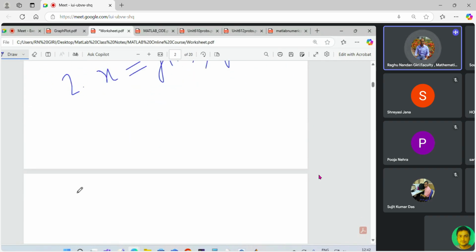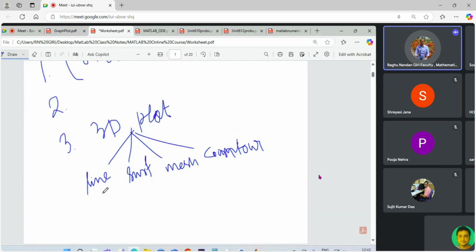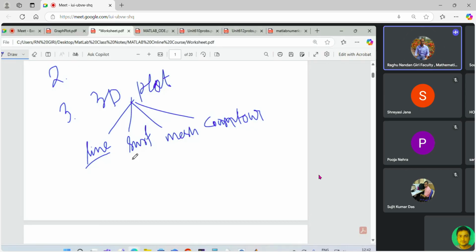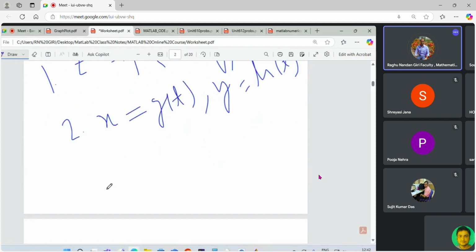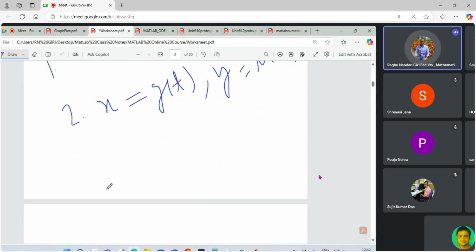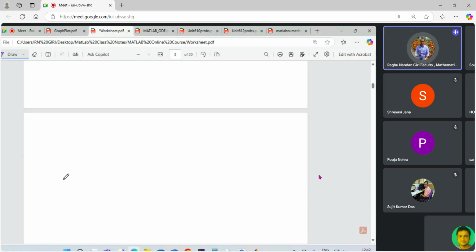Here, I told you already, there are four options: either line graph, surface, mesh, or contour. The line graph is easy. We require three vectors of equal size, x, y, z. Three vectors of the same size are required.